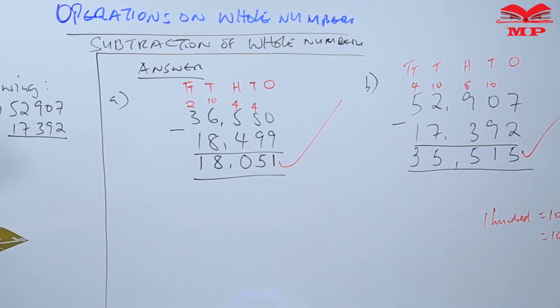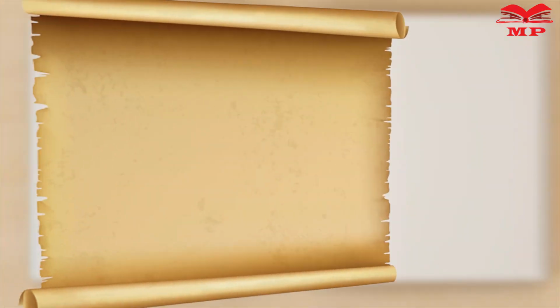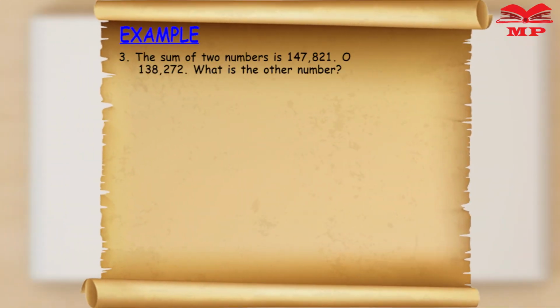So let us do number 3. Question 3 reads as follows. The sum of two numbers is 149,821. One of the numbers is 138,272. What is the other number?